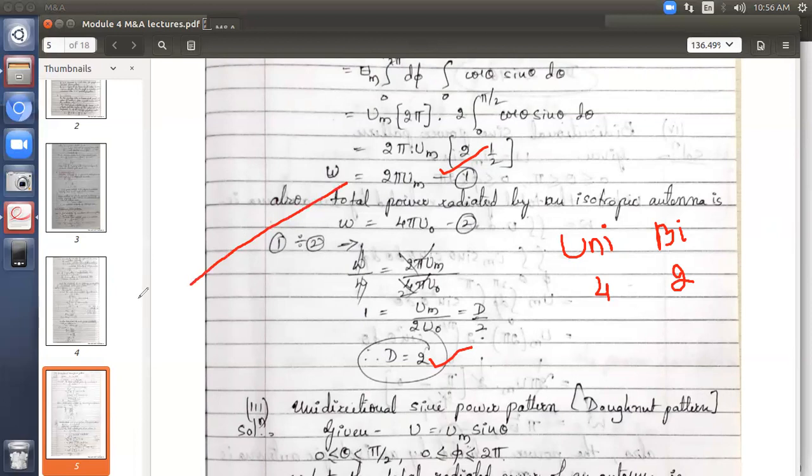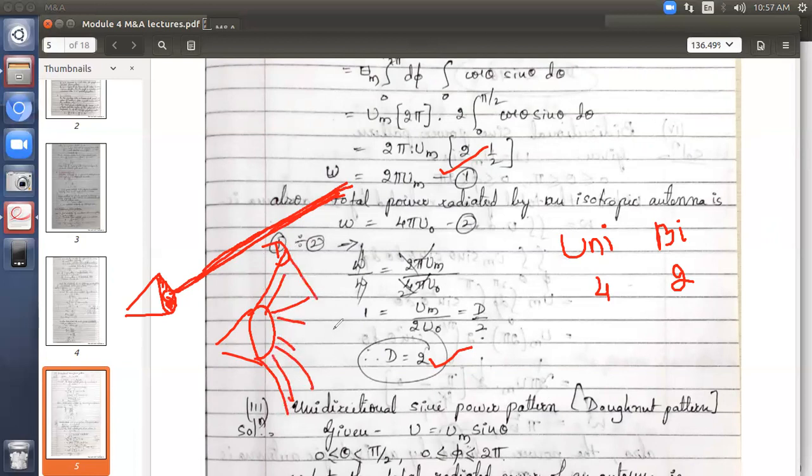Okay, it is just like your battery torch. If it is unidirectional, directivity is more. Suppose you're keeping some hand here, on the mouth of the battery torch. Only some area, if you just keep it open, it looks like more radiation, more focused beam you will get. But if your battery torch mouth is a bit wider, no doubt the radiation spreads, it will cover more area, more area can be seen.